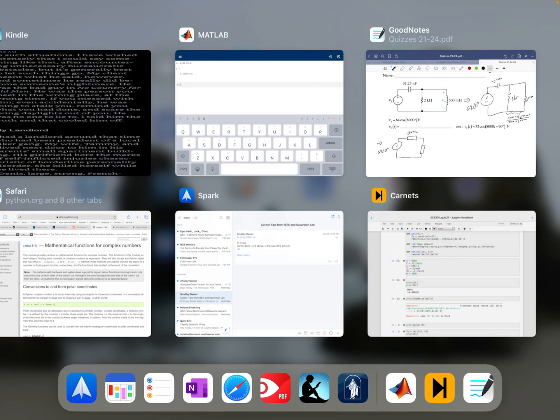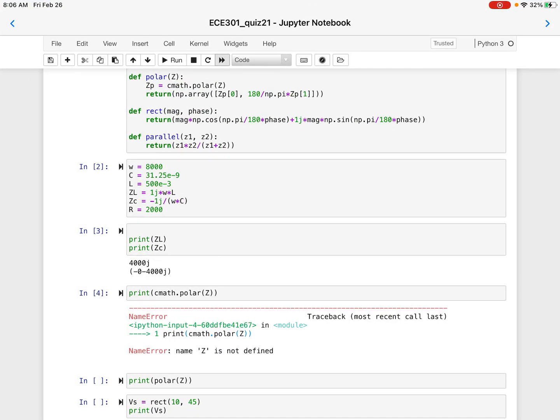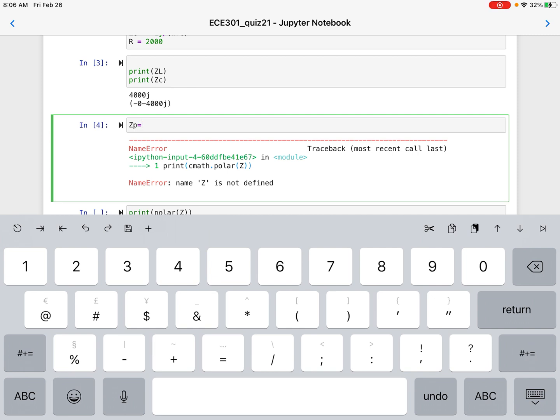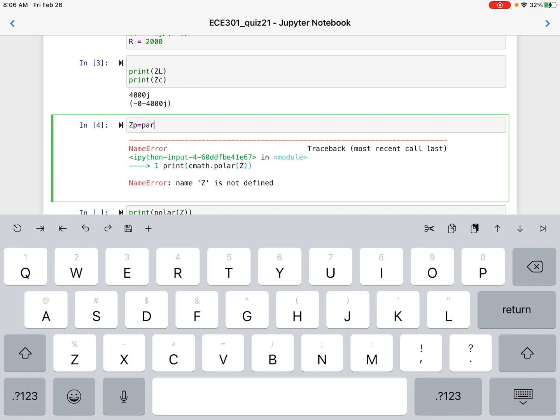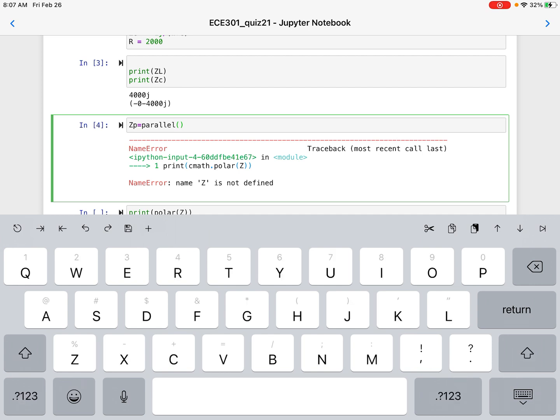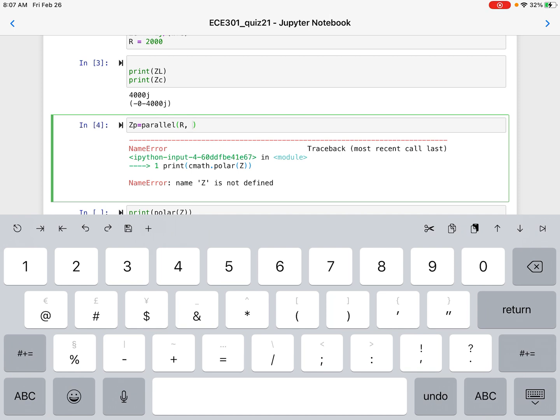So let's come back here, and I'll call it ZP is equal to my little function, parallel, and I need R in parallel with ZL.